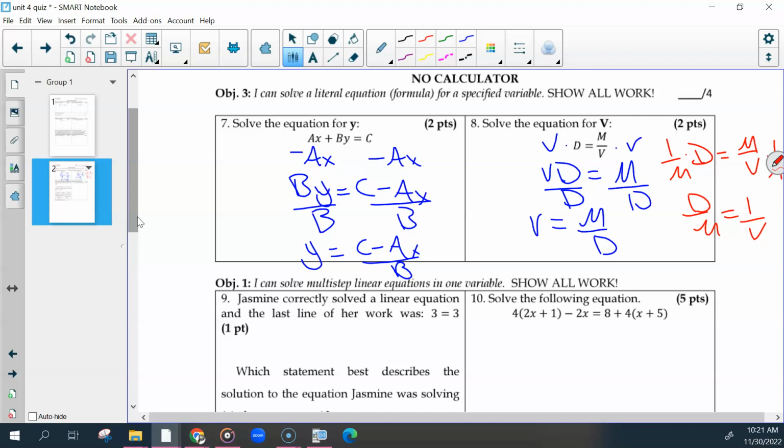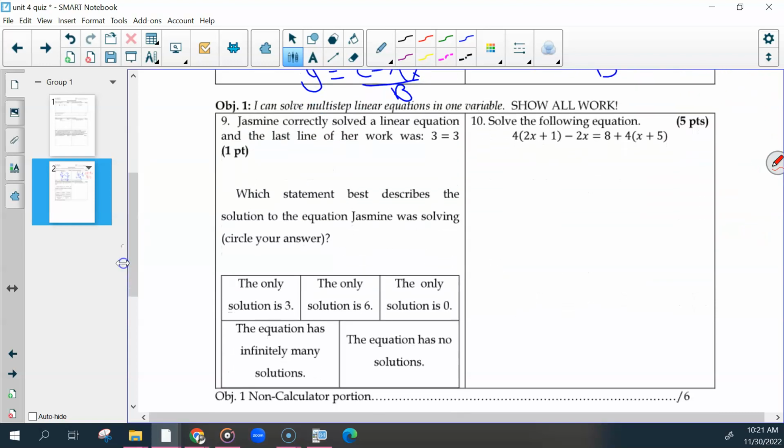Right. For the second section on here, this was your no calculator part of your 4.1. This one was infinitely many. Some of you were putting the only solution is 3, but the only way that would be true is if this said x equals 3, which it does not.